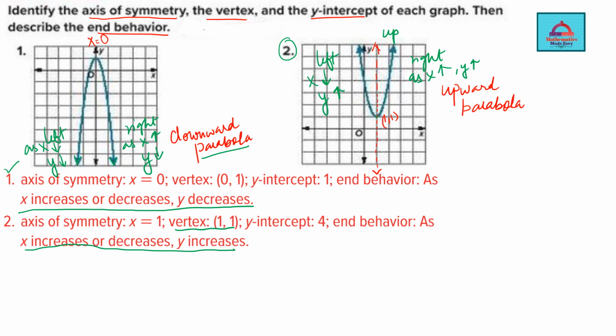The point is (1, 1), so this line will be x equals 1. The y-intercept is 4, because counting 1, 2, 3, 4, that is where it meets the y-axis. The end behavior we have already discussed. This is how, from the graph, you can find all four things very carefully.